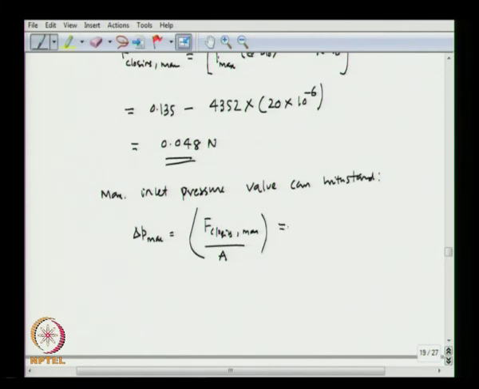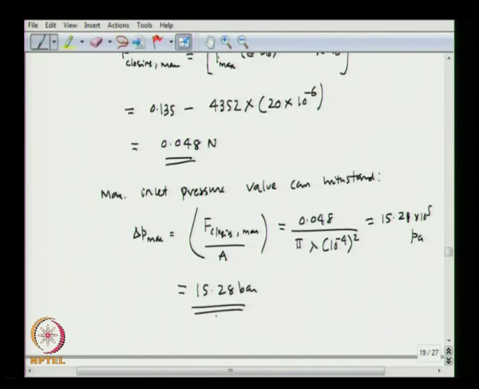So this is going to be 0.048 divided by pi into 10 to the power minus 4 square, that is the closing area. So it is going to be 15.28 into 10 to the power 5 Pascal, which is about 15.28 bar. So the maximum pressure the valve can still be able to close is about 15.28 bar. So with that let us stop here.